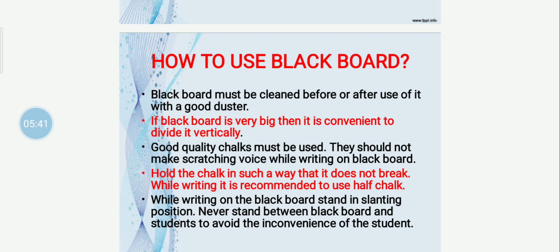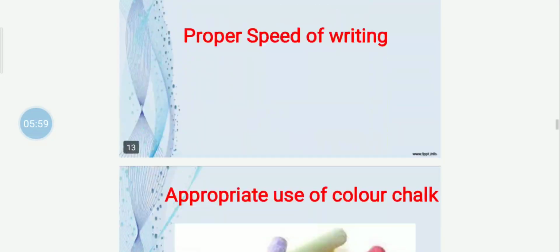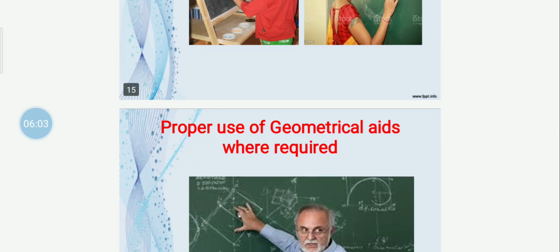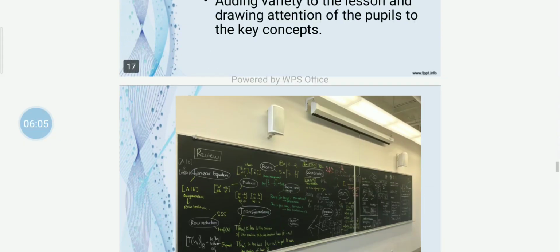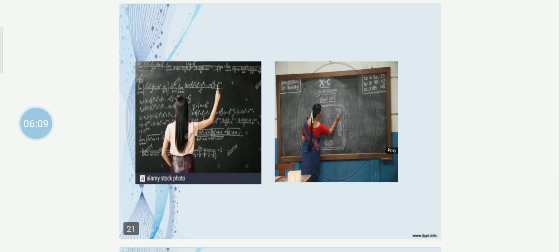It is an important one. While writing on the blackboard, stand in a slanting position. Never stand between the blackboard and the students, to avoid inconvenience to the students. Always use the slanting position, for writing and dusting, like this.